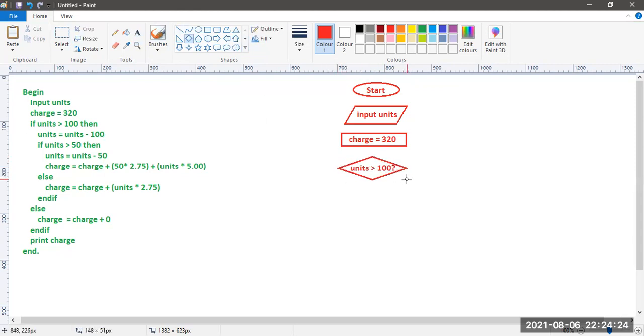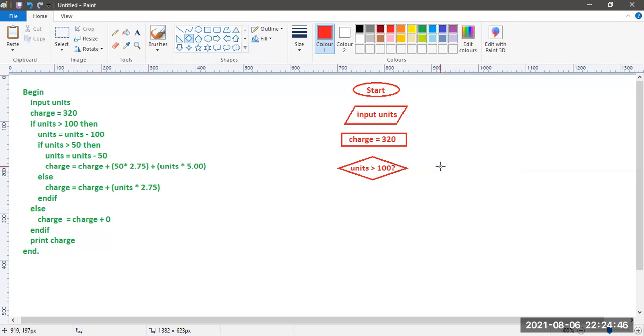Write this in a diamond here. Now this has a yes and a no. All these things are happening if this answer is yes, inside the yes part. So I will write the yes part on this side.